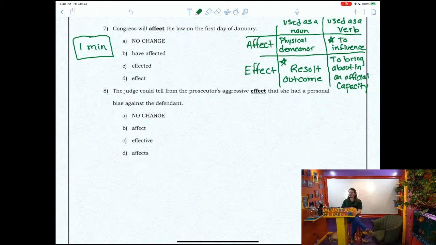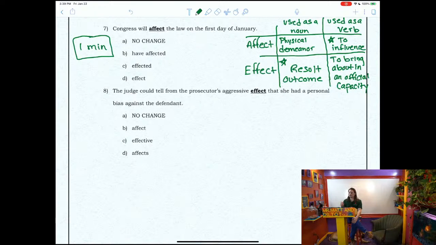But it also can be used as a noun, and that's less common, and it's usually pronounced affect. It doesn't have to be. That's just a hard consonant versus a soft consonant sound. But affect is a psychological term, and it means somebody's overall demeanor, especially when it comes to their facial expressions.